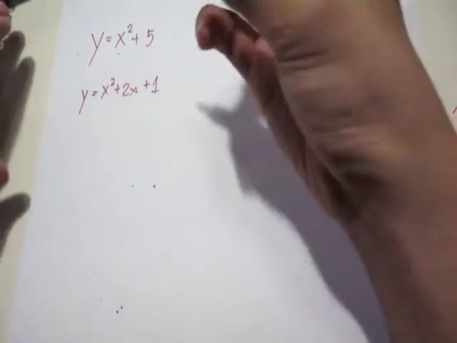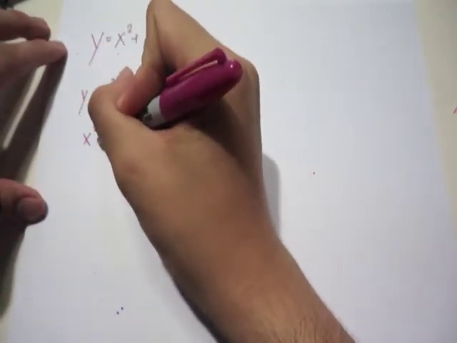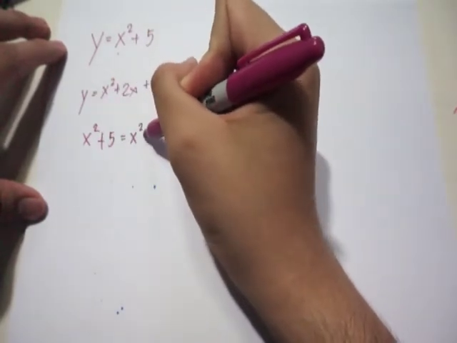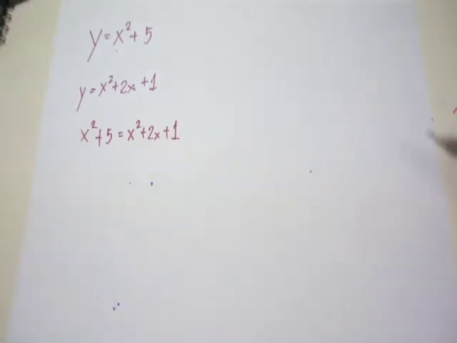That's the theme. Okay, so I'm gonna put this to this side and then equal to x squared plus 2x plus 1. Okay, now that we have put them on equal sides, we're gonna isolate the x.